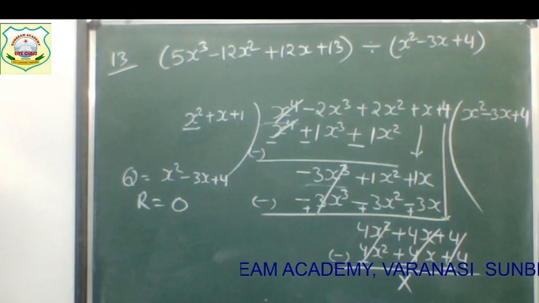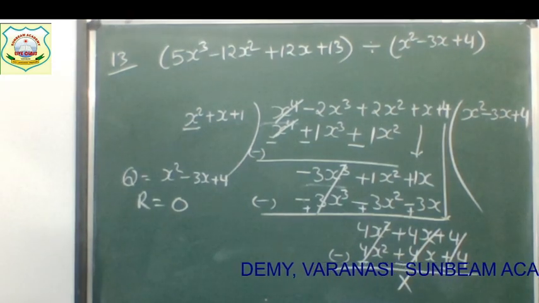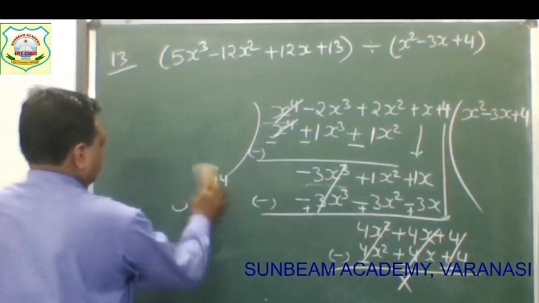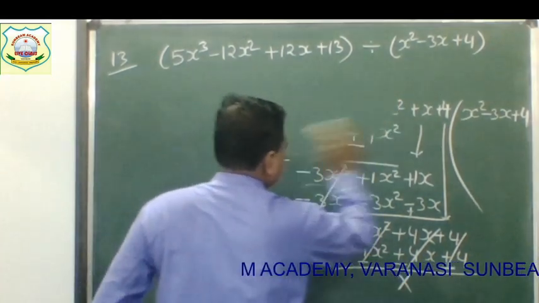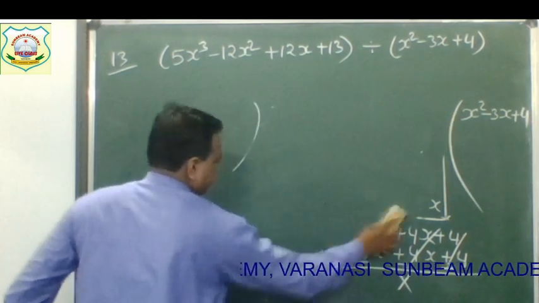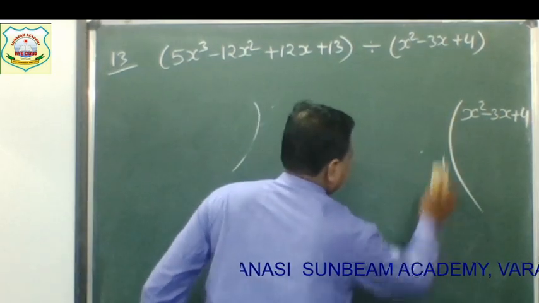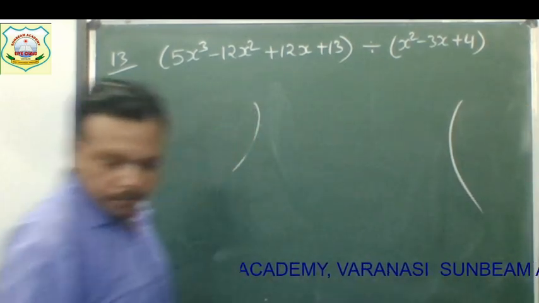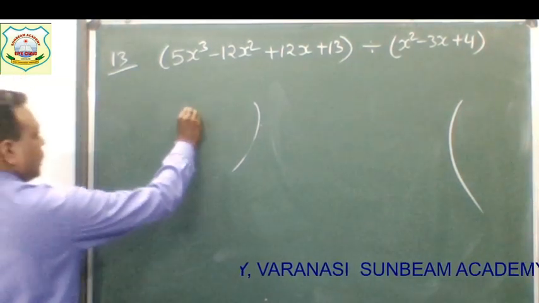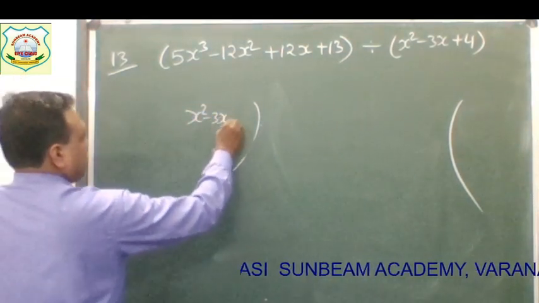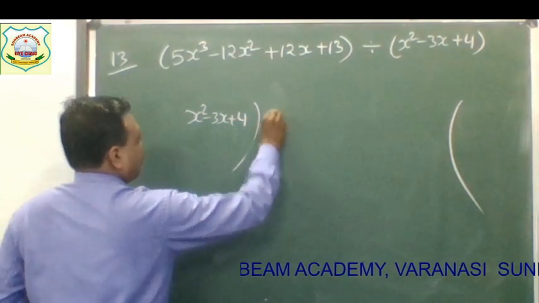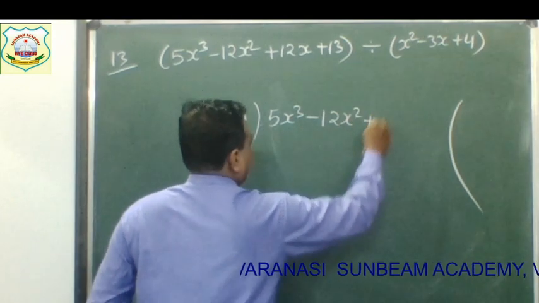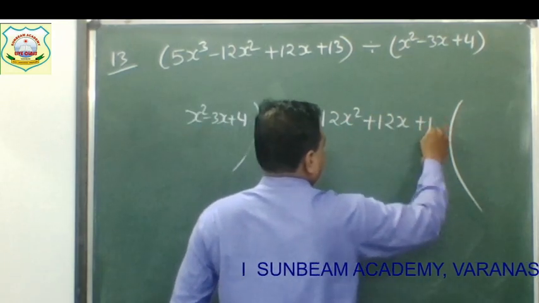Hope everyone noticed, students. Going to draw. x square minus 3x plus 4, and here 5x cube minus 12x square plus 12x plus 13.